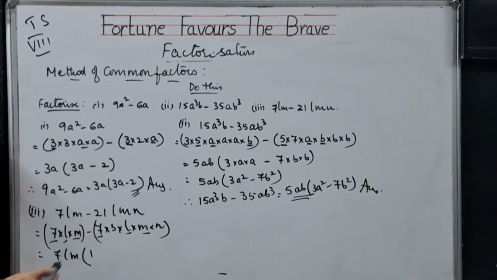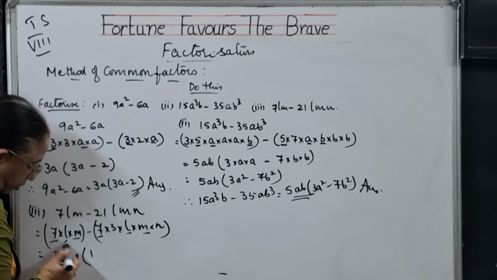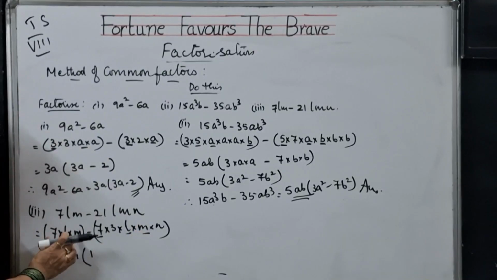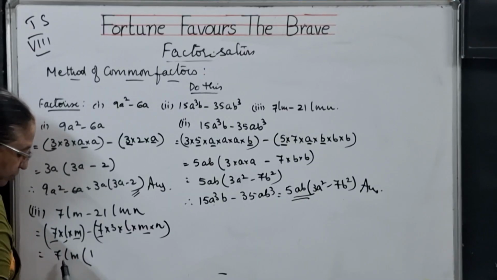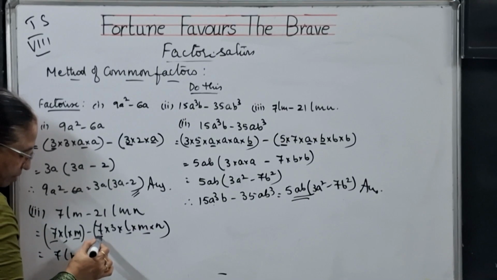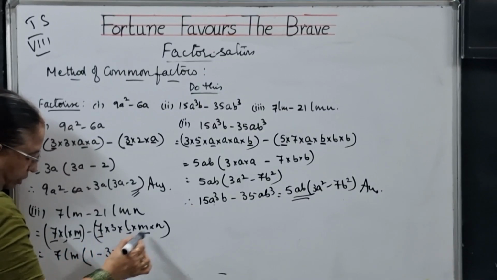Why should we keep 1? Because when you are opening the bracket, this into 1 becomes 7LM. If you don't place 1, you directly write this, then this part will be missing. So always be careful. If you are taking all these values out, you are supposed to keep 1. Minus 7 has taken out, 3 into what is there?